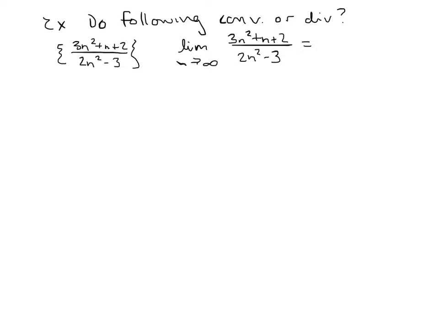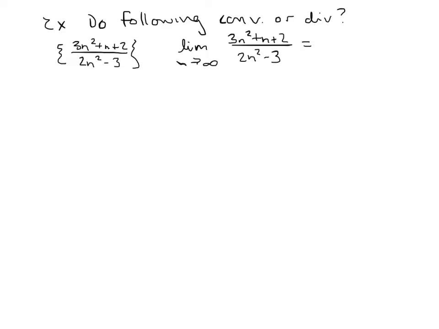Now, it's going to be nice to have some shortcuts on this. Notice that if you plug in n equals infinity, you get infinity on the top and infinity on the bottom, so infinity over infinity, and you should apply L'Hopital's rule. You would take the derivative of the top and the derivative of the bottom, and you would have to do this twice, maybe 3 times, before you would actually get a number out of it.